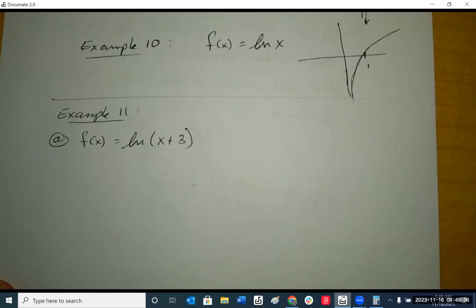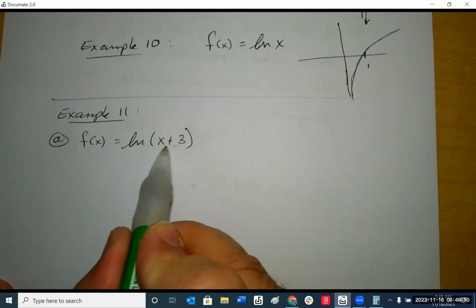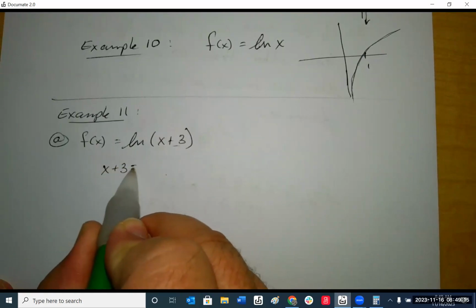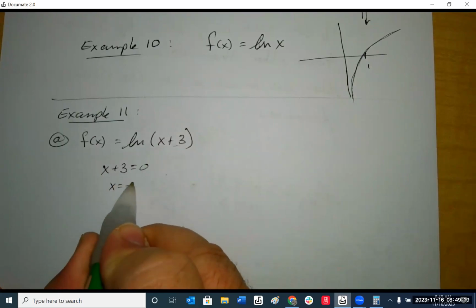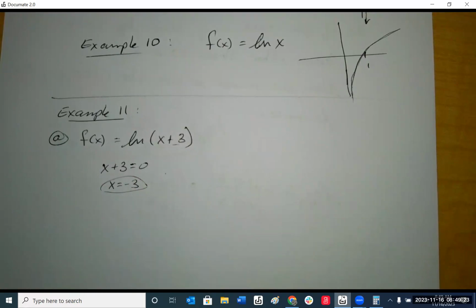Well, how do we do it in chapter 2 in transformations? Whatever is inside the parentheses, take whatever that is and set it equal to 0. It's a horizontal shift 3 to the left.